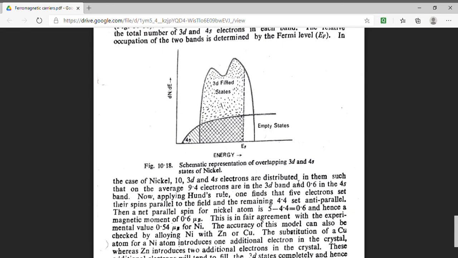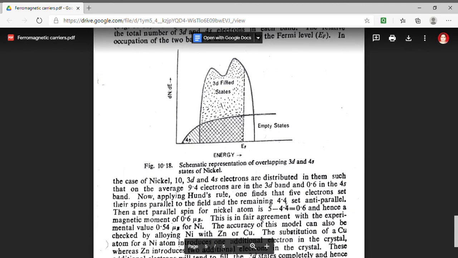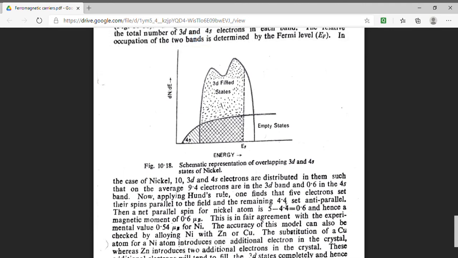So out of 9.4 electrons, 5 electrons initially set their spin parallel. We are left with 4.4 electrons, and these 4.4 electrons will set anti-parallel in the 3d shell. Hence, the net spin will be 5 minus 4.4, which is 0.6.